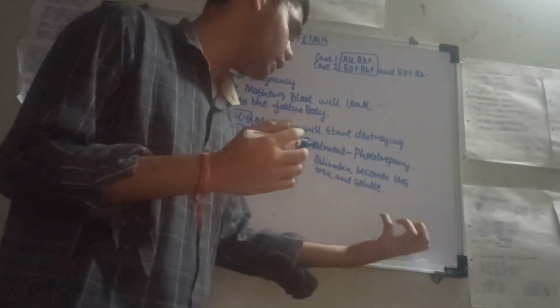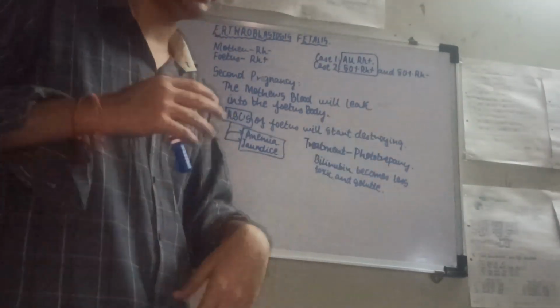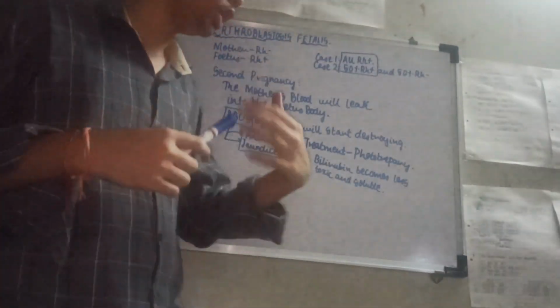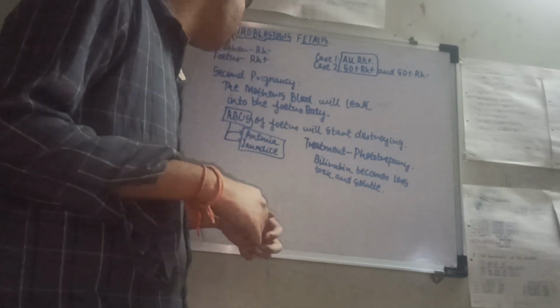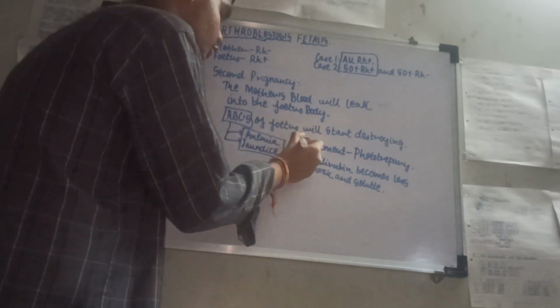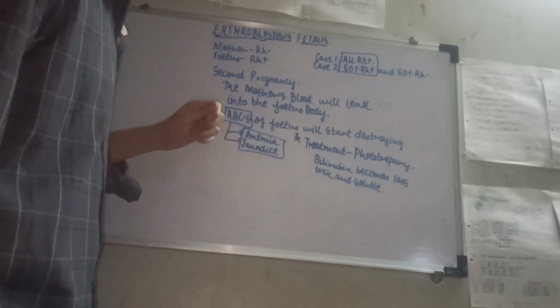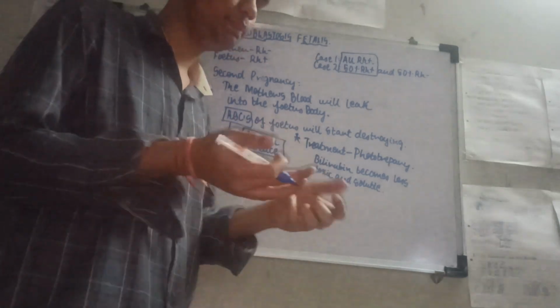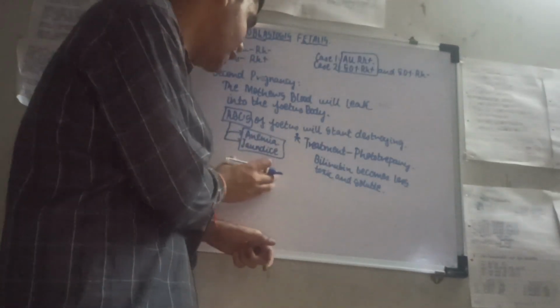By becoming less toxic and soluble, bilirubin comes out through the urine. This is the treatment for jaundice. And for anemia, blood transfusion is the treatment.